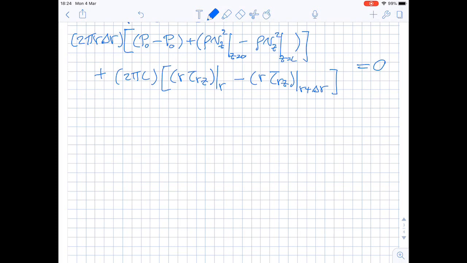So, if you divide the whole equation by 2 pi, these 2 pi's will be gone. If you divide the whole thing by L and delta R, oh, by the way, this term is already 0. They cancel out.